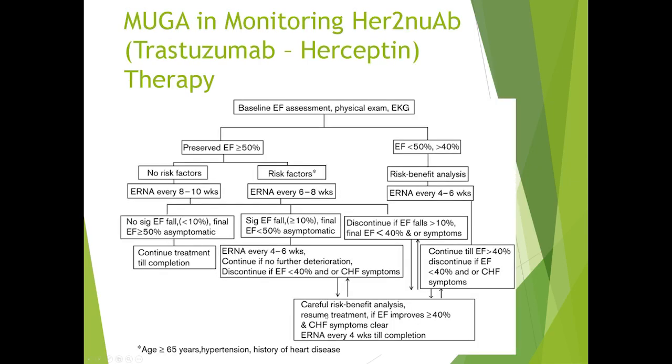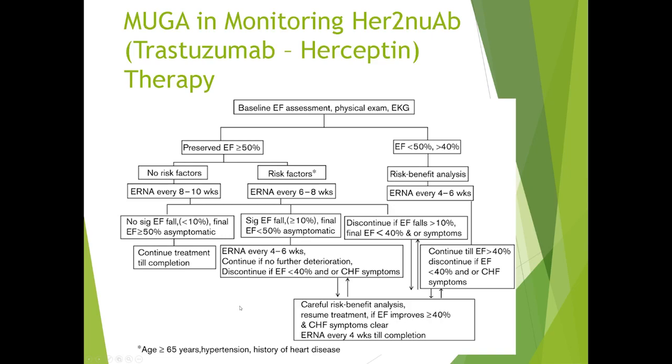But MUGAs are not only used for monitoring chemotherapy. Other chemotherapies, such as in this case Herceptin, have also shown similar algorithms that use MUGAs or some sort of EF monitoring in order to deliver these therapies.